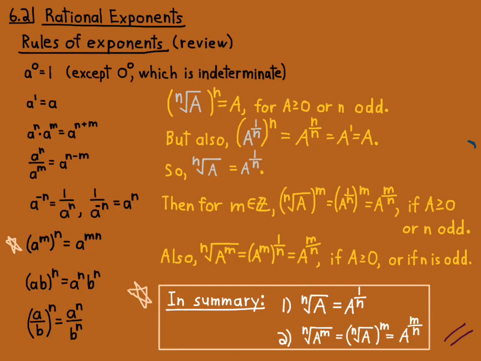So those last two, we're just using this other starred rule here. All of these are important. We'll use them constantly. But the starred one is the one that gives us this, because we're actually multiplying m times 1 over n, instead of n.